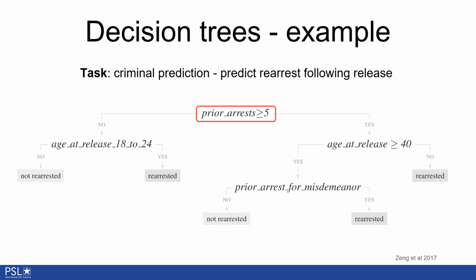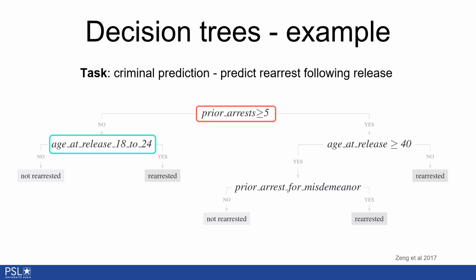The first one is the number of prior arrests, and the first split point is 5. So if the number of prior arrests is smaller than 5, the model looks at the age at release from prison. If the age at release is between 18 and 24, the model predicts a high risk of rearrest, otherwise it predicts a low risk.